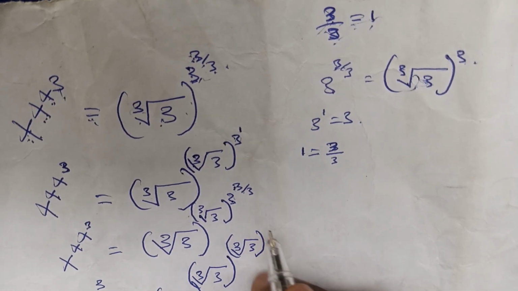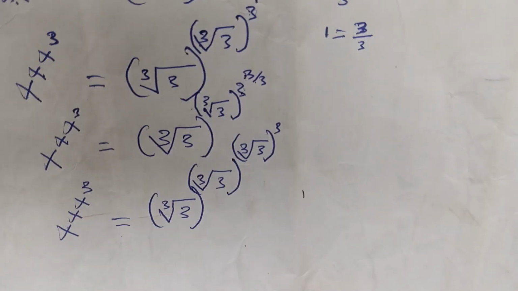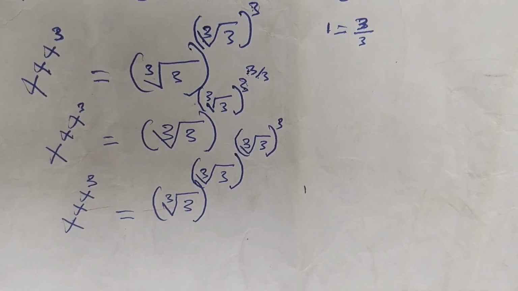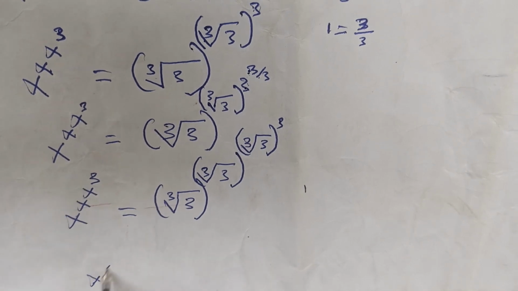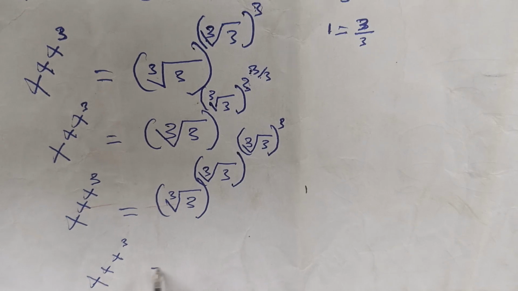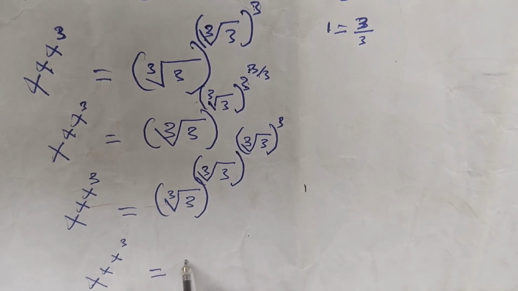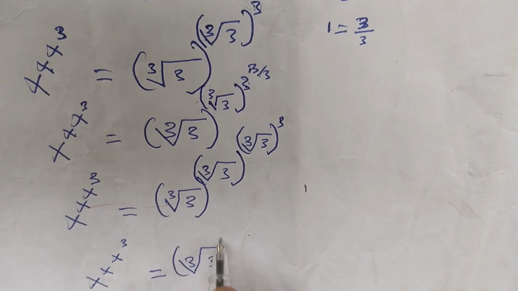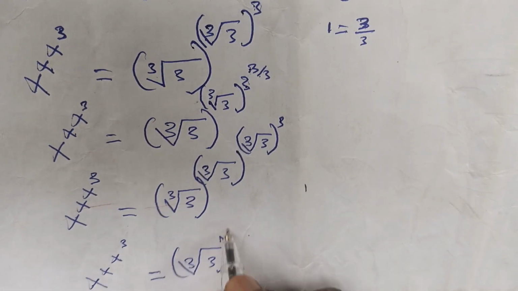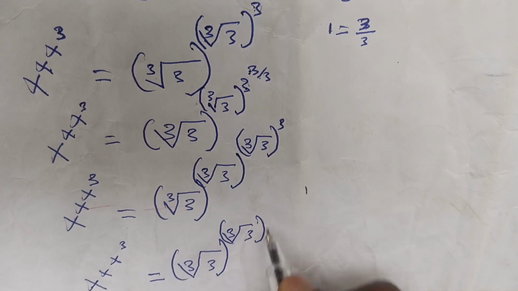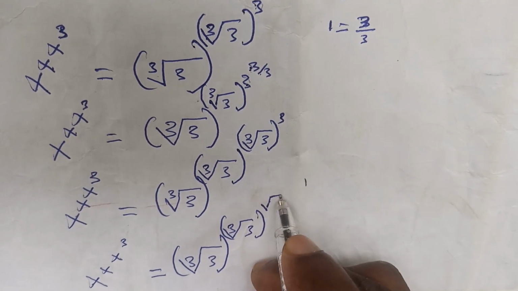Sorry for the inconvenience. Okay, so this is what we now have: x to the x to the x to the power of 3 is equal to the cube root of 3 to the cube root of 3 to the cube root of 3 to the 3.